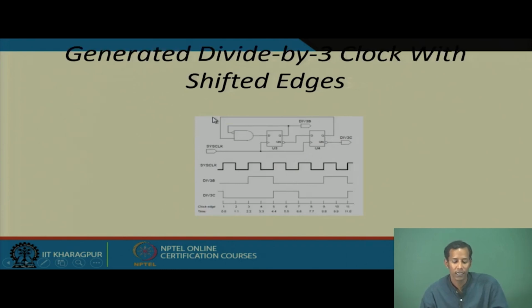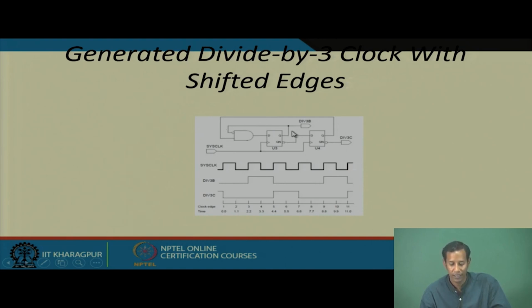Then again, to generate a divide by 3 clock with shifted edge, how can we do it? Now you have these two registers, then again the same configuration.